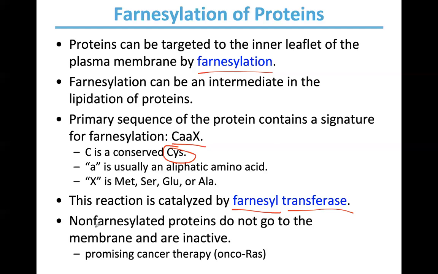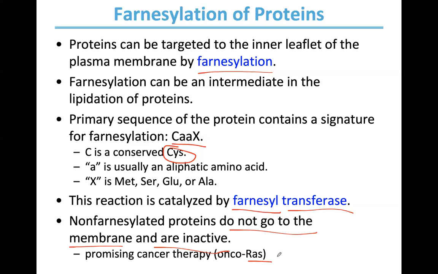And so the proteins which do not have this farnesyl chain do not go to the membrane, and they will be inactive. RAS is one type of protein that is utilized for signal transduction.